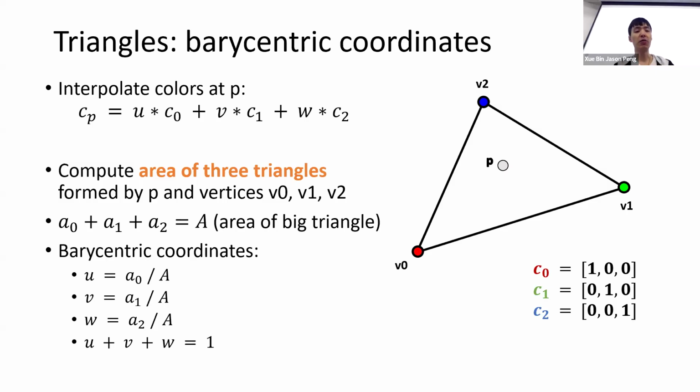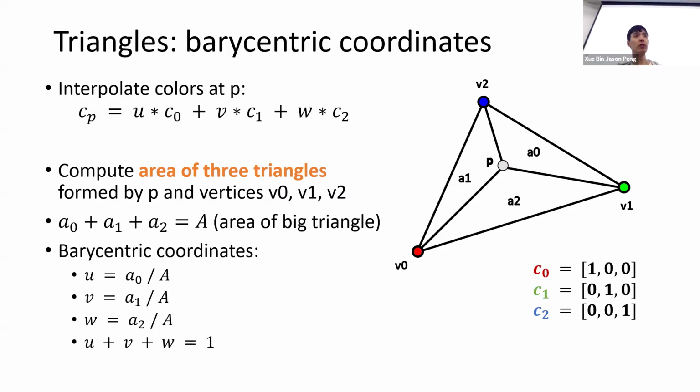Now, the way that we are going to construct these three smaller triangles is that we are going to take our point P, and then we are going to introduce new edges that connect point P to the three vertices of our triangle. So we're going to add three edges connecting P to V0, V1, and V2.